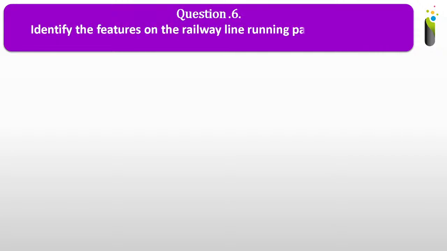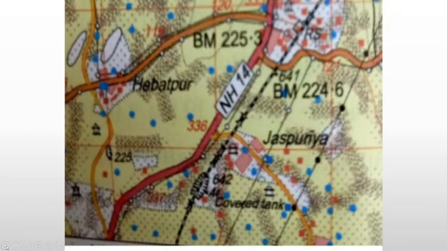Identify the features on the railway line running parallel to NH14. I show you the picture again. Look at this picture again properly. Okay, so the question based on it is: identify the features on the railway line running parallel to NH14.